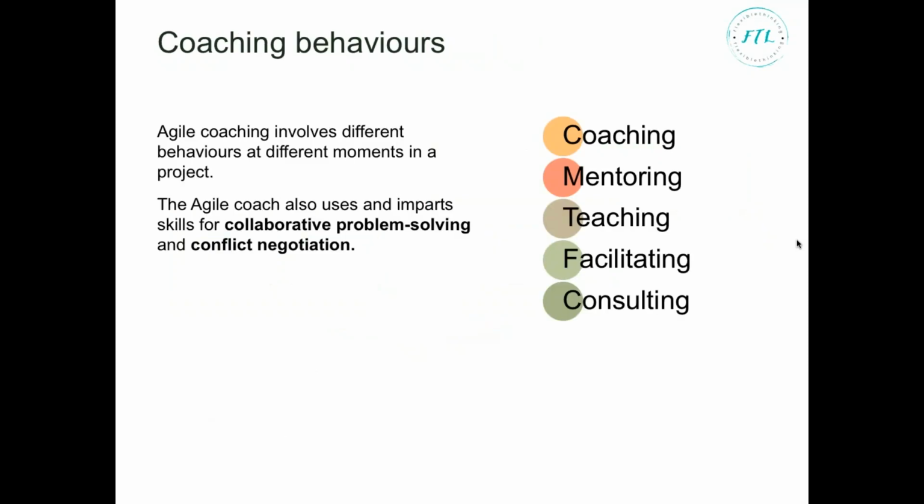Okay, so underpinning that, we have a number of behaviors, as we call them, and these are really the key essence of agile coaching. At the top, we've got coaching, and that's working with the team, with our team members. It's in the here and now.